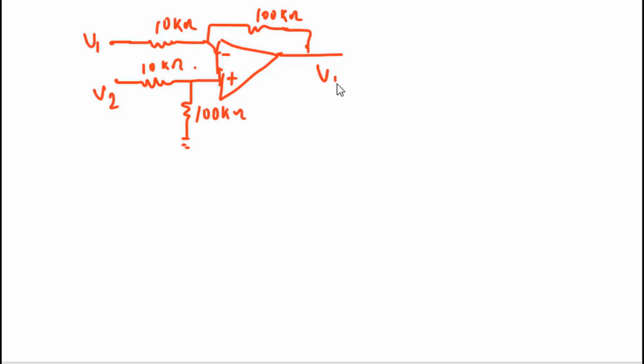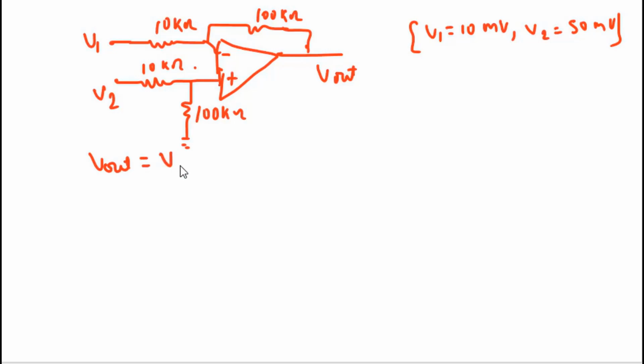You need to find Vout given V1 equal to 10 millivolt and V2 equal to 50 millivolt. So this Vout is your output due to V1 plus output due to V2.